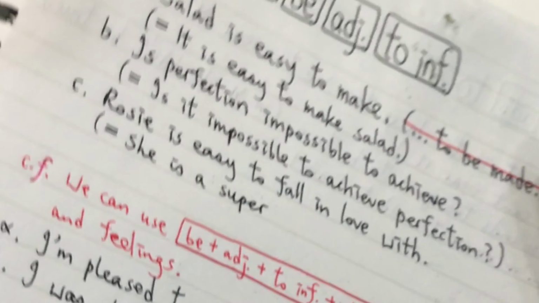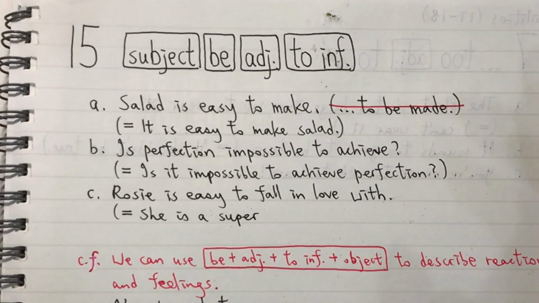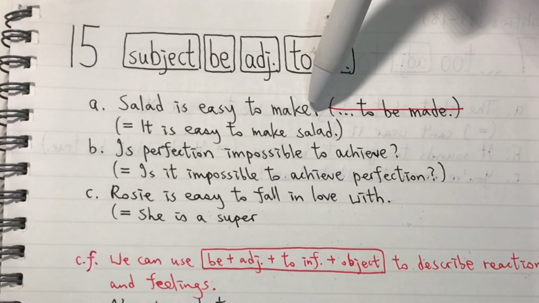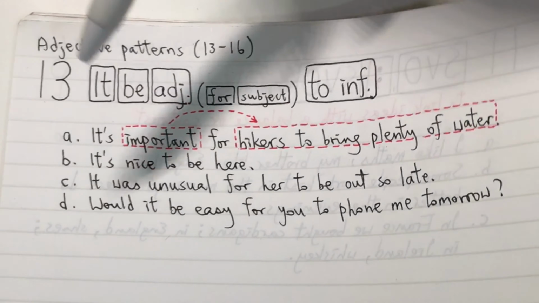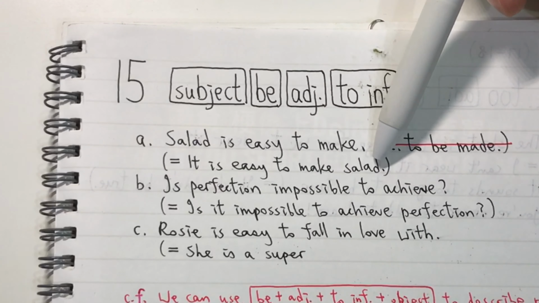Next, we have subject be adjective to infinitive. Examples. Salad is easy to make. You can always translate item 15 back to item 13 and then you will get something like, it is easy to make salad.